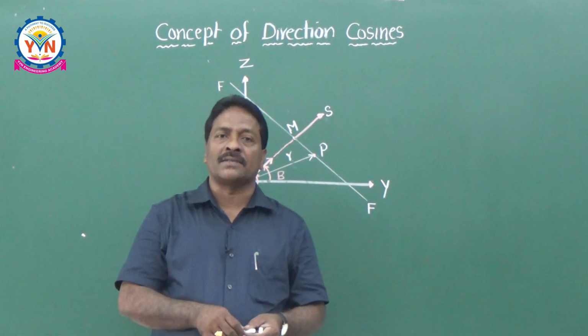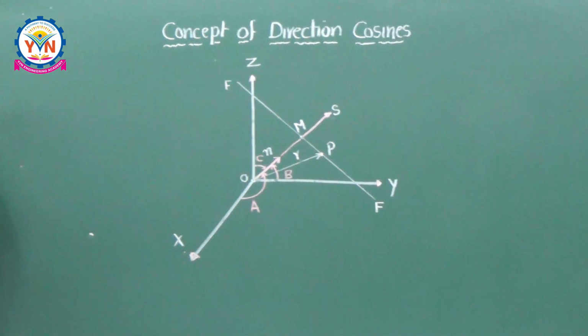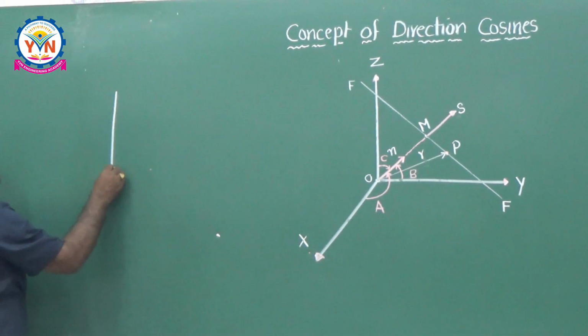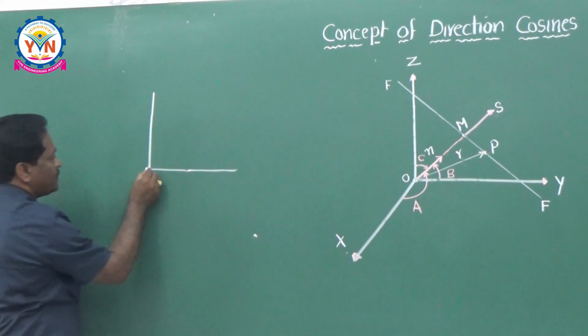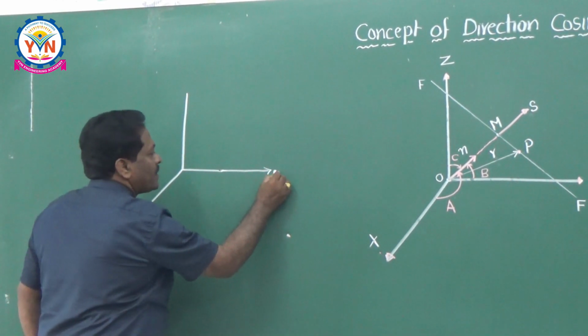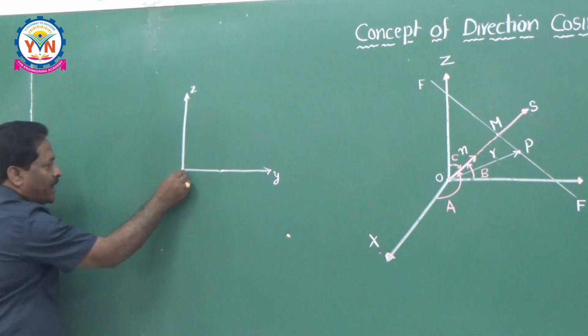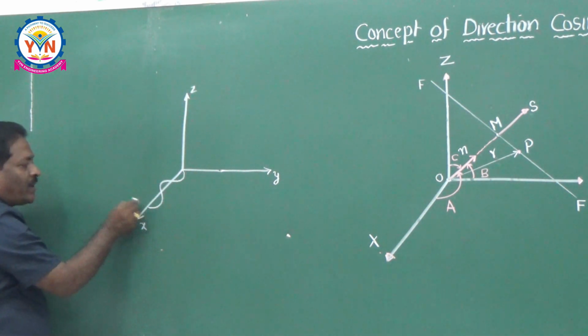of this directional cosines. If you take, as usual, the x-axis, y-axis and z-axis, and the wave is propagating in the x direction, you know how to write the wave.